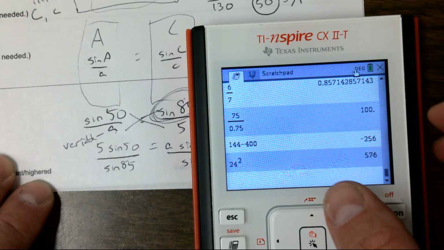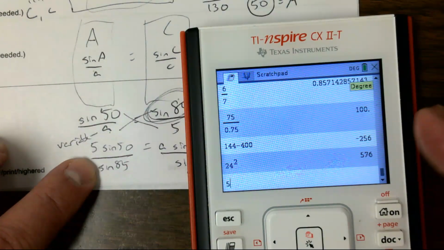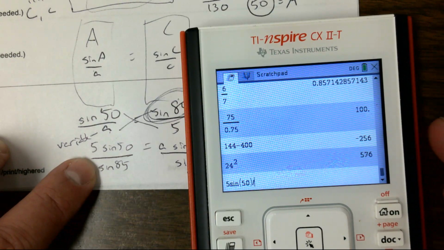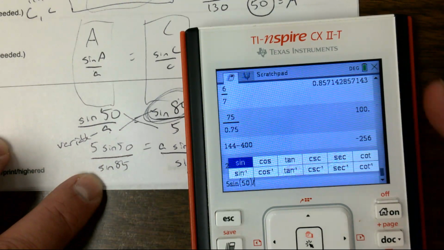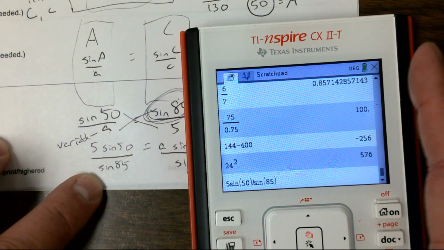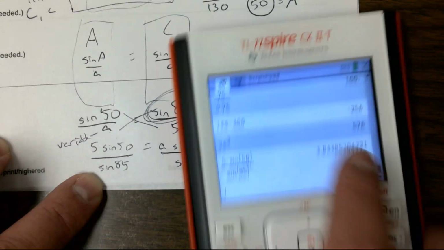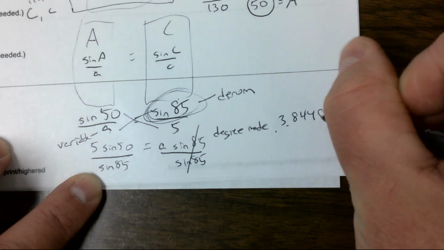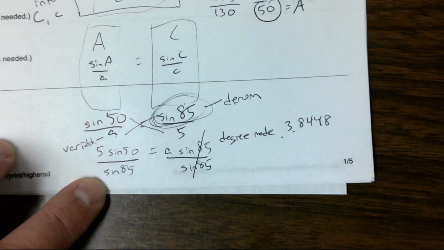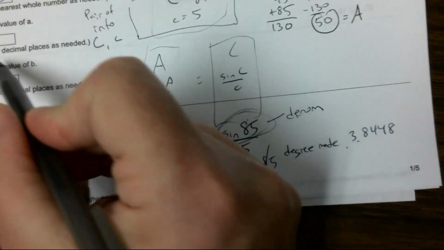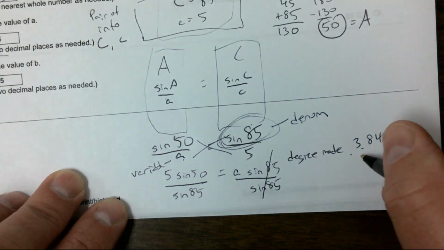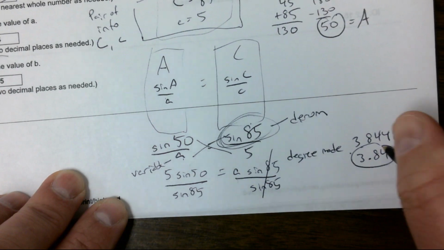And I do 5 sine 50 over sine 85 as a decimal, 3.8448. Well, they just want 2 decimal places, rounding to that. And so this would be 3.84. So that's what they got.